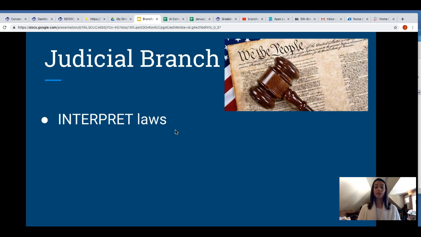The president, the executive branch, has the power to enforce the laws. And the judicial branch interprets the laws. So we have the Constitution, we have federal laws, we have state laws, and the court systems, the judicial branch, their job is to hear a case, hear all of the details about the case, and then make a decision based on the law.